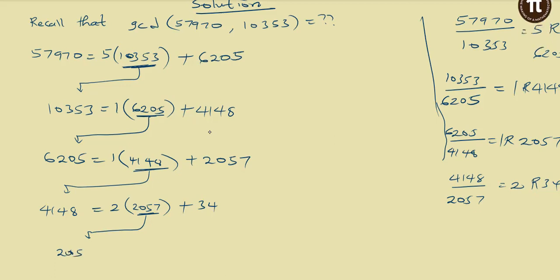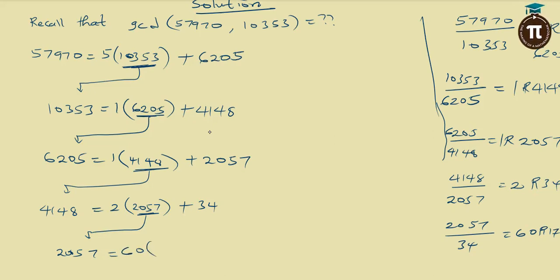What is here? 2057 is equal to, I'll do again 2057 divided by the remainder 34. When I do that, the answer is 60 remainder 17. So this means that I have 60 multiplied by 34 plus 17.